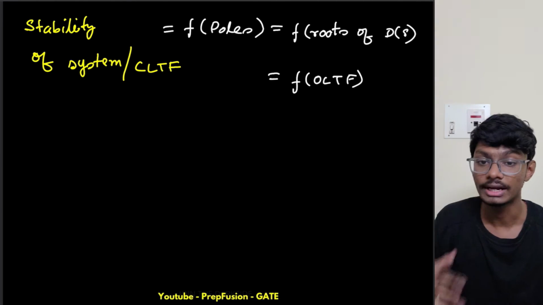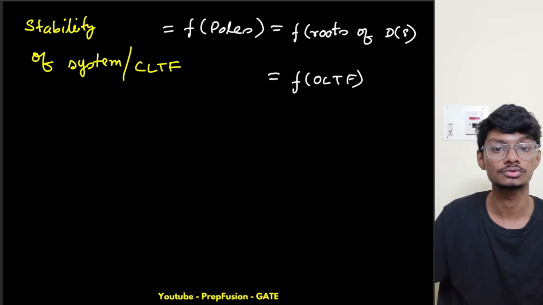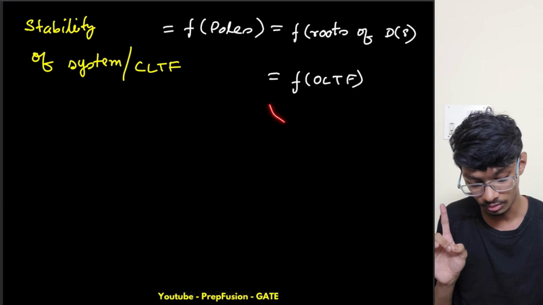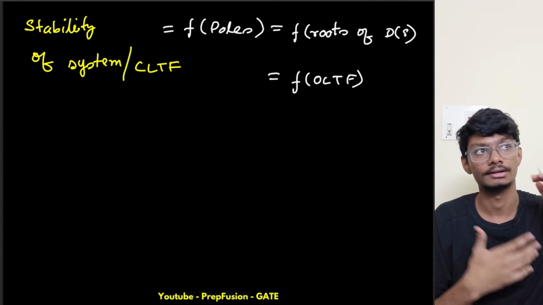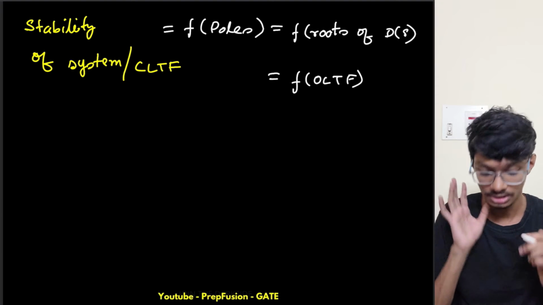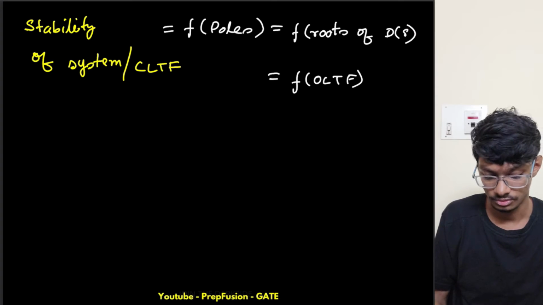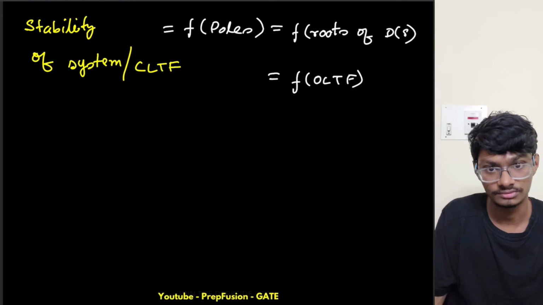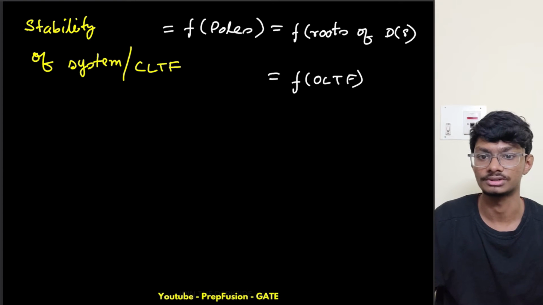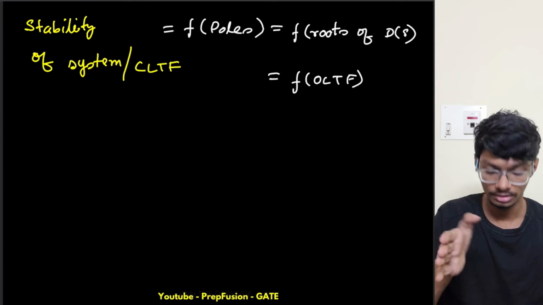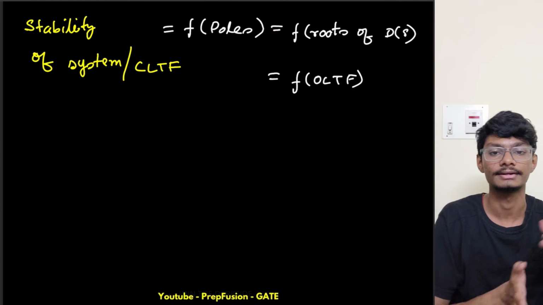What I am trying to get at is that the stability of the closed loop transfer function depends on the open loop transfer function. This will be very important in the next few chapters. Keep in mind: if I change the OLTF, then the stability will change for the CLTF. If you don't understand this, everything will be cleared in the next few lectures.